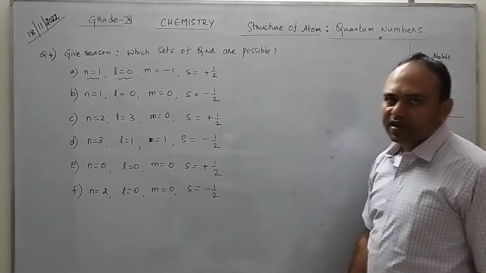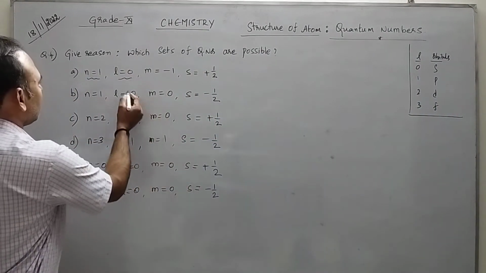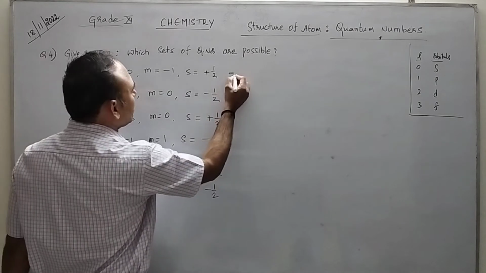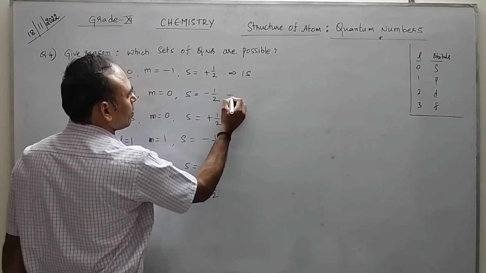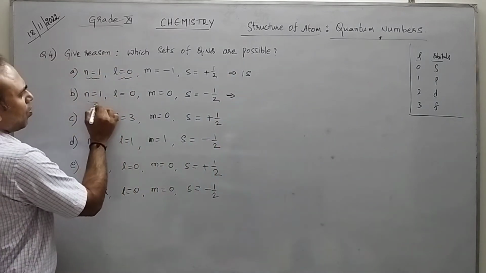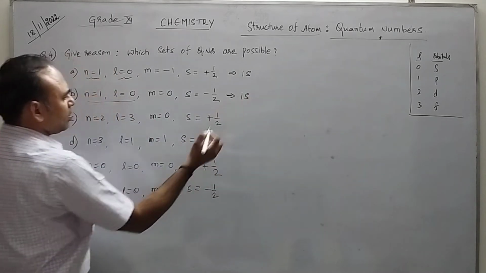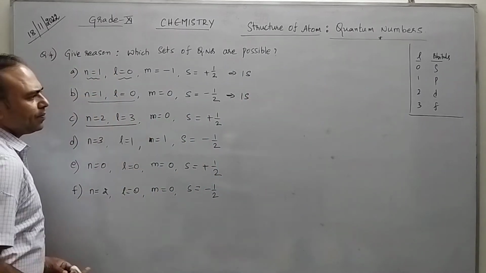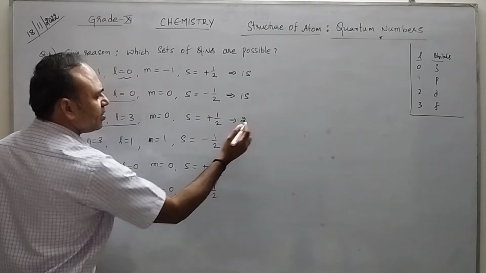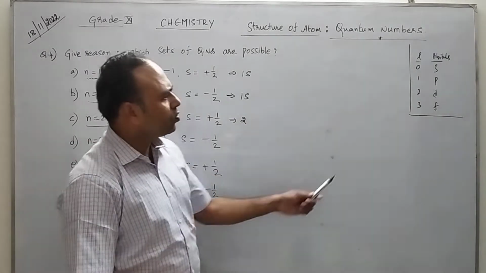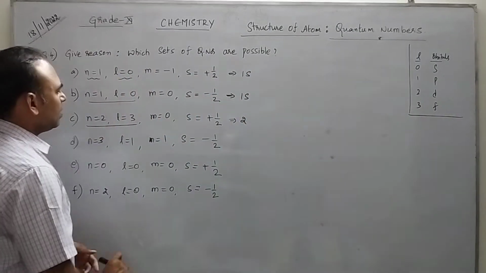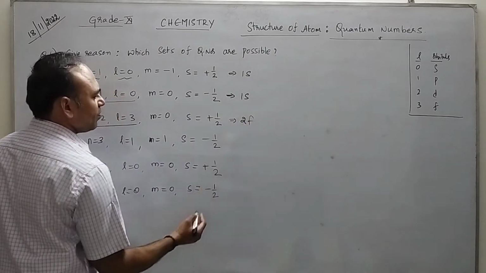Now you can answer very easily. So what is the value of L? L is 0, hence we can write this as 1s. Second one, again it is 1s. Third one, 2 and 3. So n value is 2. What is L now? 3 means f, hence we write it as 2f.